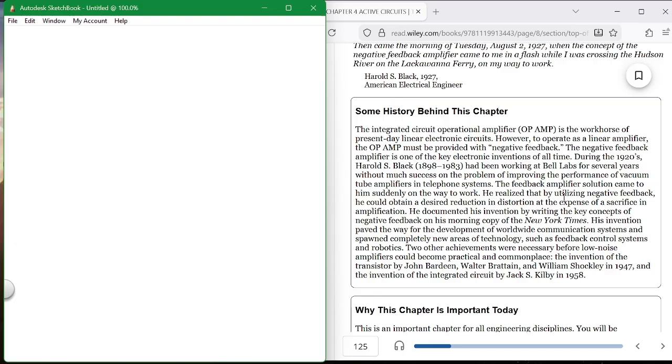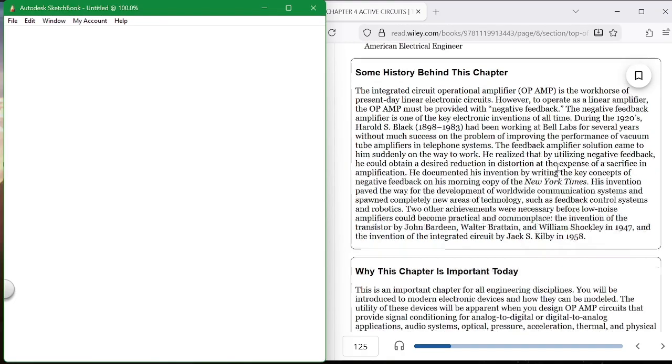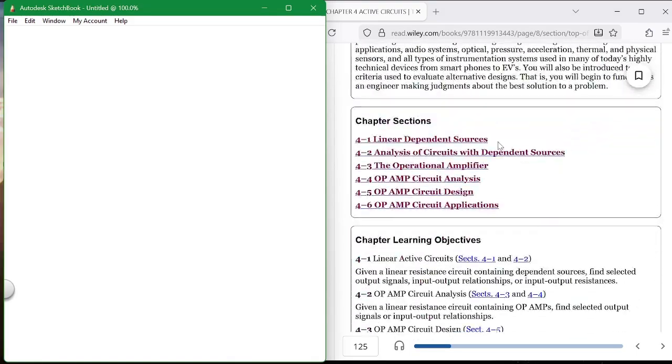So anyway, that's kind of important, I guess, to an extent. And then we get down into linear dependent sources and analysis of circuits with dependent sources. And we're going to skip the rest of the op-amp part because we really don't need it.